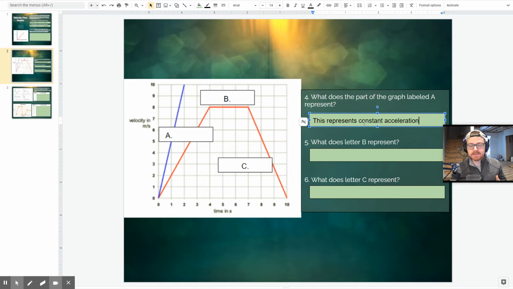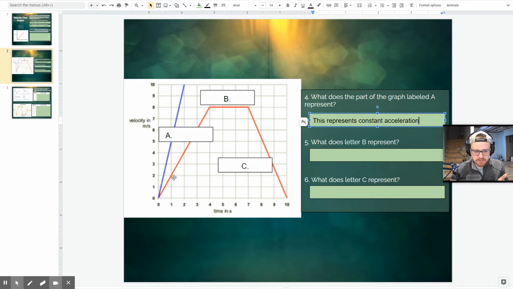So A is telling us, both the blue line and this first leg of the red line, that this is constant acceleration. We have a constant change in the velocity, and that makes sense because we look over here on the y-axis. Maybe let's look at the red one because it's distributed a little bit better. So from 0, this object started at rest.